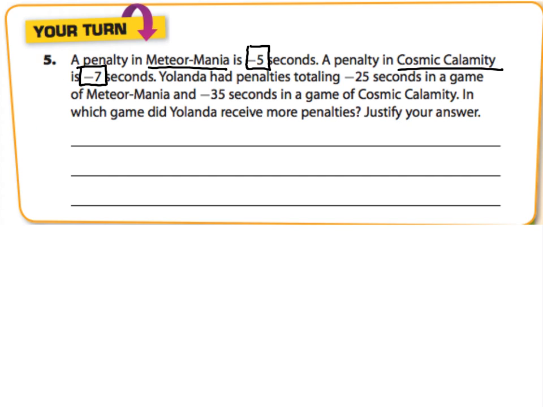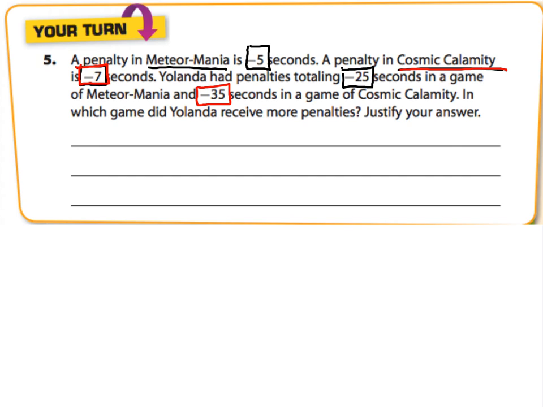If you're able to, sometimes it's nice to be able to change up that color so you know what goes with what. Okay? So then for Meteor Mania, she lost 25 seconds, but in Cosmic Calamity, she lost 35 seconds.